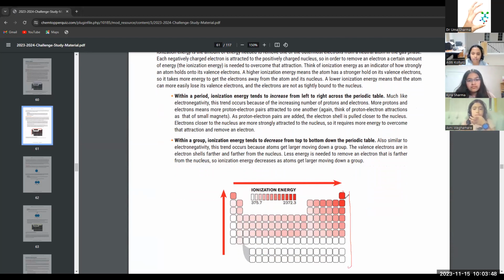But the noble gases don't. No, they do, but they have the highest. Oh, I forgot. It's kind of decreasing. But then why is it decreasing? Because down the periodic table it decreases. When you go down the group it will decrease.